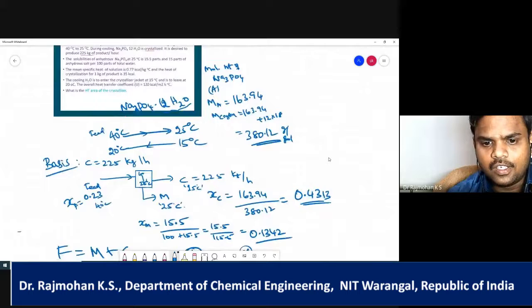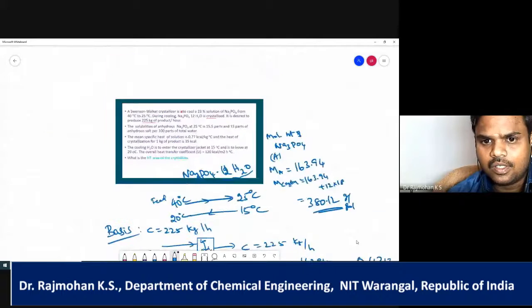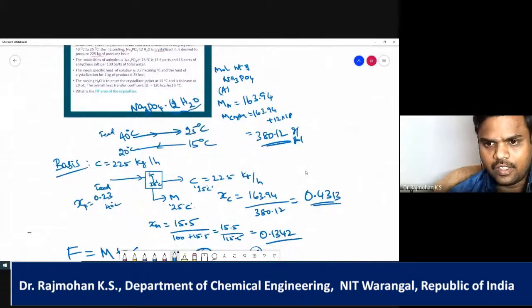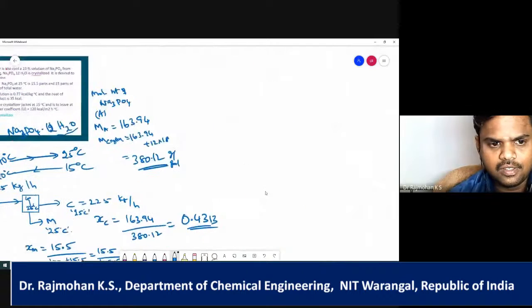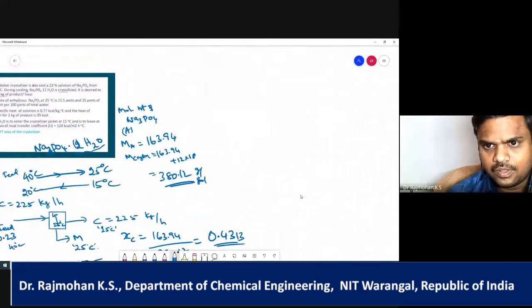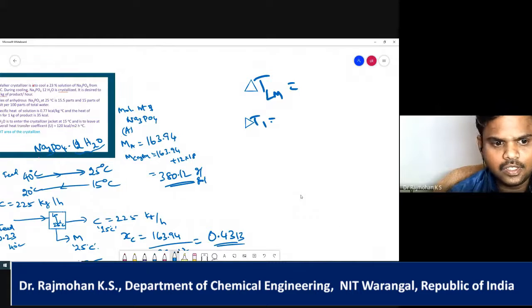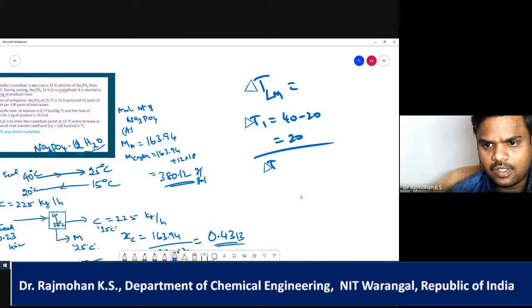Meanwhile, I will calculate the delta Tm value. Can we determine the delta Tm value here? Delta T logarithmic mean is equal to... What is delta T1 here? Delta T1 is 40 minus 20, which is 20. Delta T2 equal to 25 minus 15, which is 10.